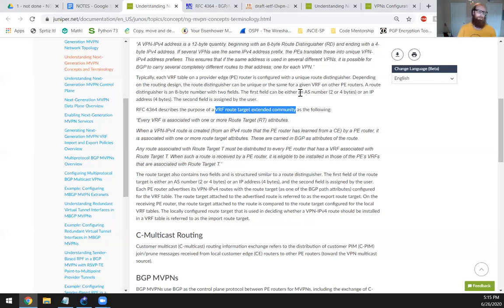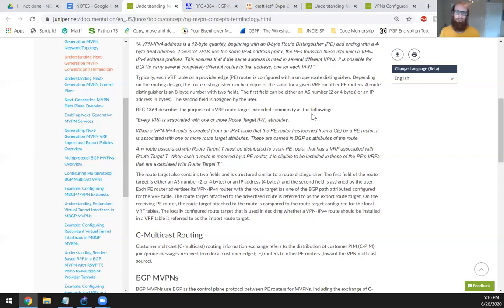If I just started saying clown car in a discussion about Ferraris, you wouldn't think I was still talking about the Ferrari, but they seem to be doing that. They'll say VRF route target extended community, and then they'll say route target attributes, and it's like, well, are you talking about route targets still?